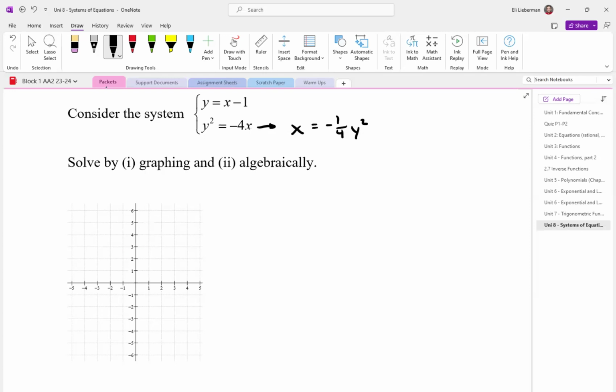Check with your neighbor, make sure everything's going okay with their graph. Okay, that parabola, would you show me what it looks like?